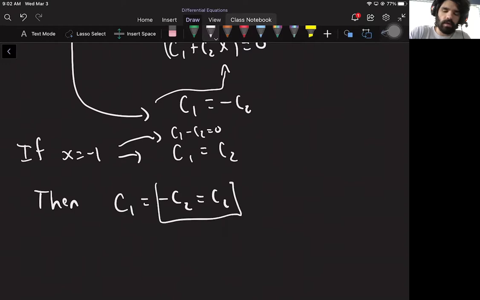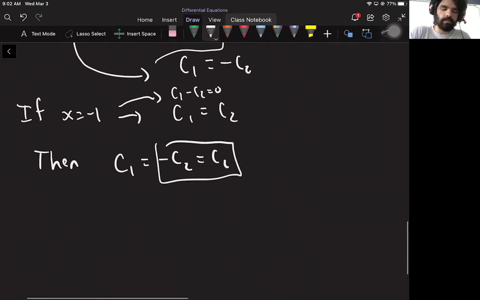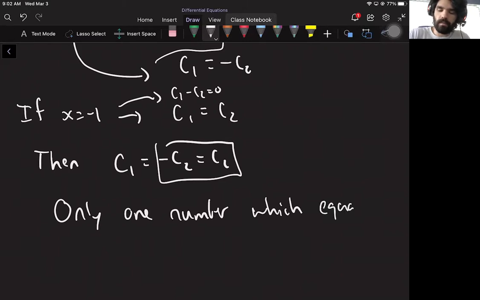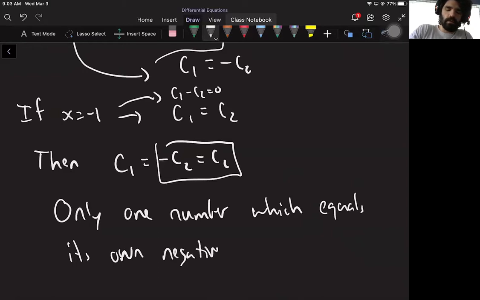Well, there's only one number that equals its own negative, and that number would be 0.